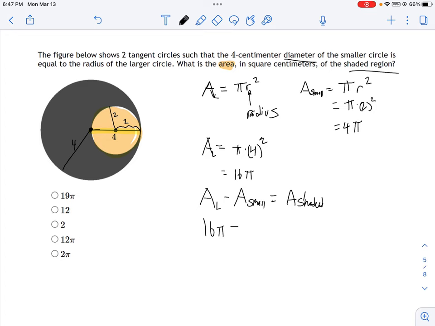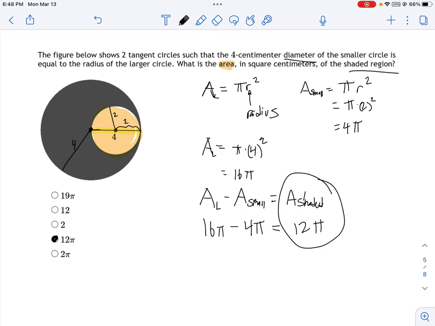So 16 pi minus 4 pi is now our area of the shaded region. And 16 minus 4 is 12, which means 12 pi is the area that we are looking for, which we see right there is one of our answers. Not too shabby. And that's it. You're done. That is all you're needed to find on this one.